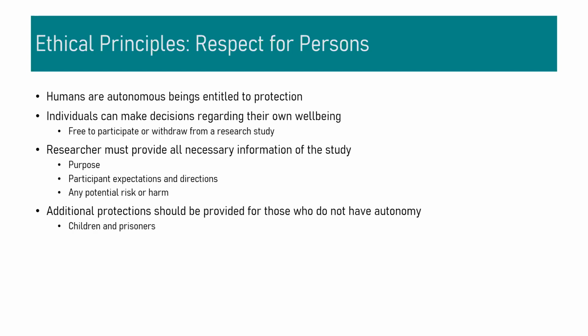That can include the purpose of the study, what the individual is expected to do, and any potential risks or harm that may occur due to being in the study. Additionally, respect for persons also argues that those who do not have autonomy, such as children under the age of 18 or prison inmates, must receive additional layers of protection since they are not able to willingly choose to participate or withdraw from a study.